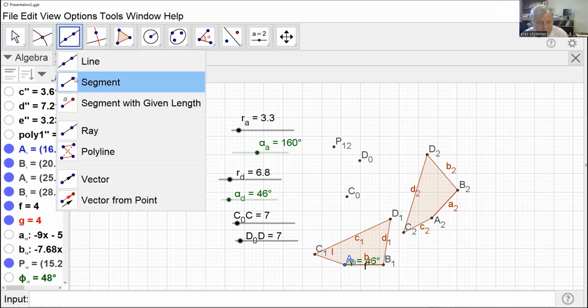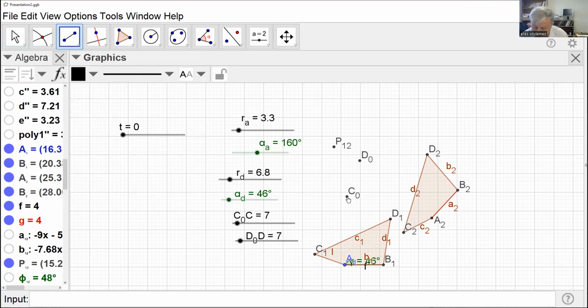Now I have a 4-bar mechanism: C0, C1, D0, D1 in the first position, and C0, C2, D0, D2 in the second position.